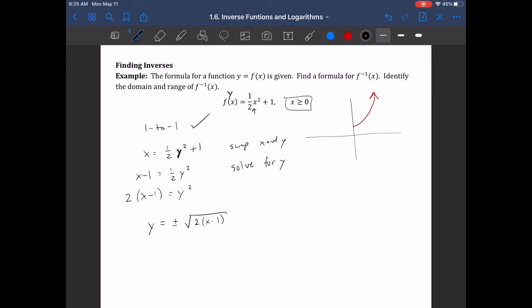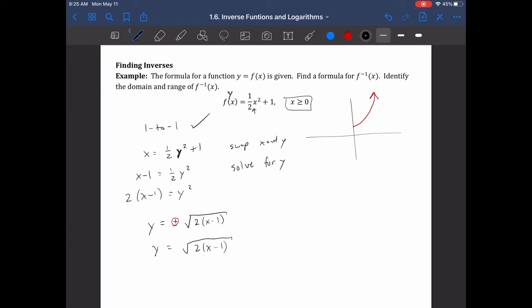Well, which one do we end up wanting to go with? We are going to want to take just the plus value, all right, because we don't have negatives for this. And so we'll get y equals just the square root of 2 times x minus 1, right? We're picking that plus value here in order to get our inverse.